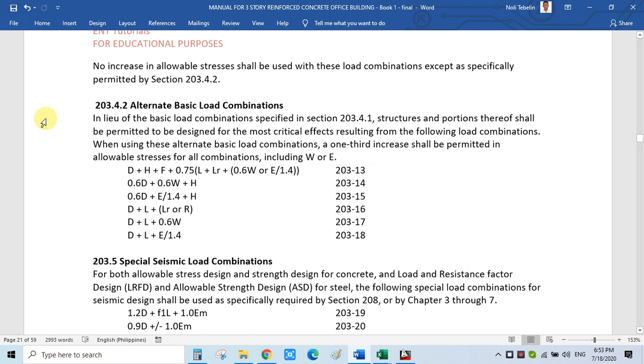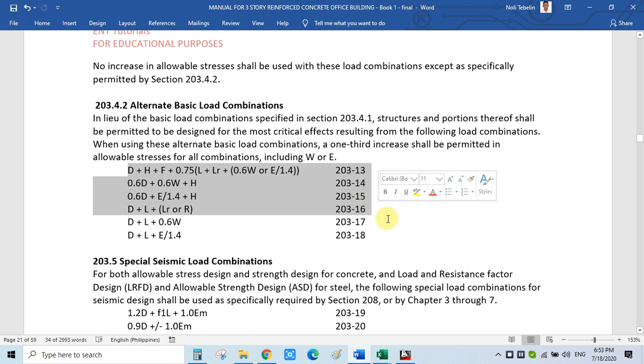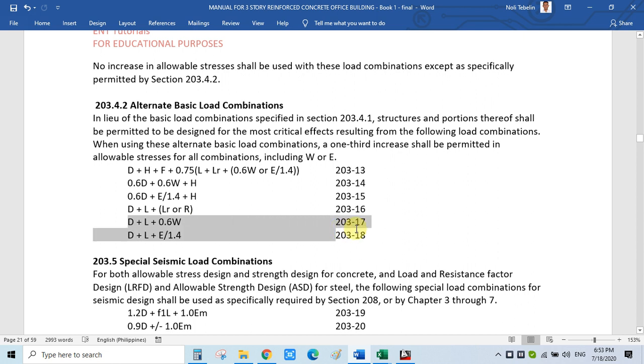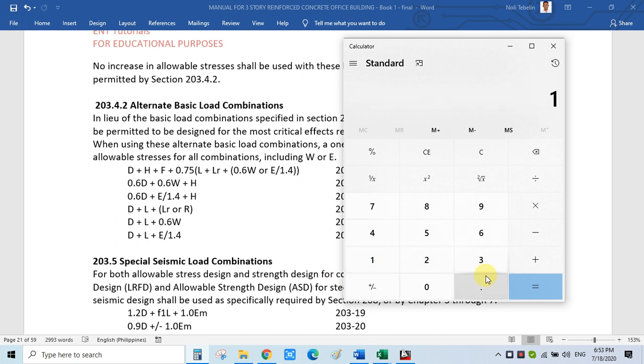But, pag chinek mo siya dito, sa may lateral load combinations, including wind or earthquake, you can use allowable of 250 plus 33% of 250. So, you will have, for example, 250 times 1.33 equals 330 kPa. So, yan yung magiging allowable mo. Safe ka pa dyan. Kaya yan ang ginamit natin load combinations. Okay?